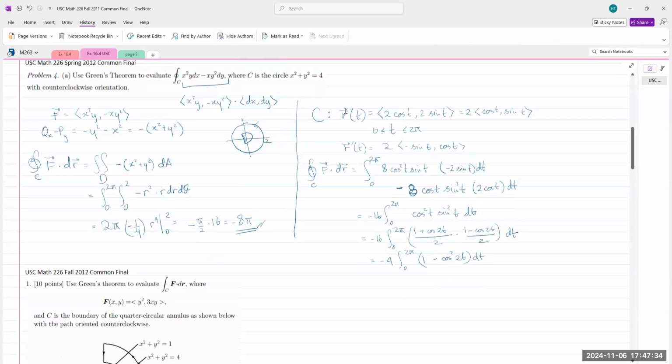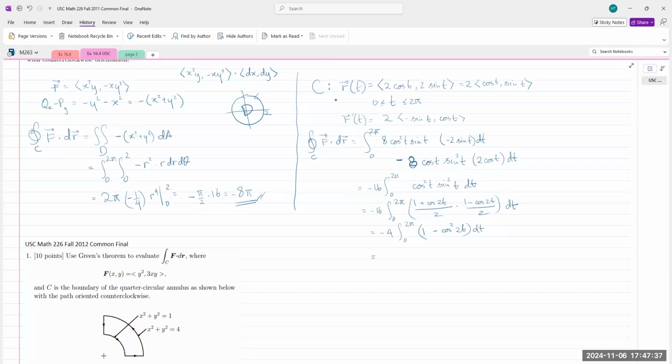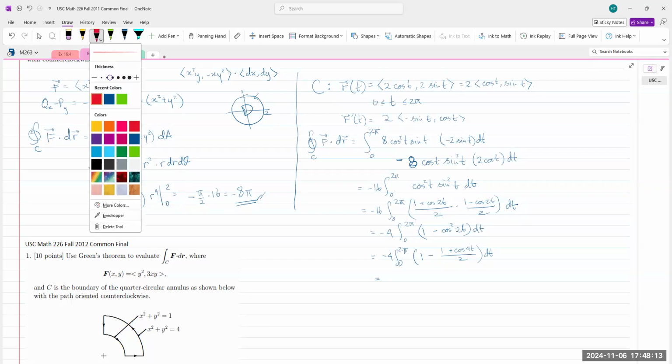Okay, and then this is equal to... why do I get something strange again? I don't know. Because this becomes negative 4 integral from 0 to 2 pi of (1 minus (1 plus cosine 4t)/2) dt.